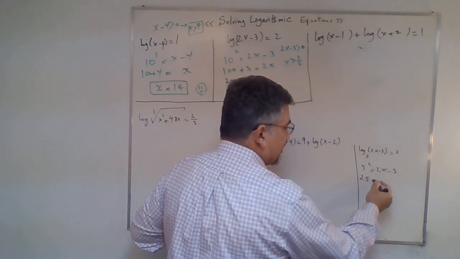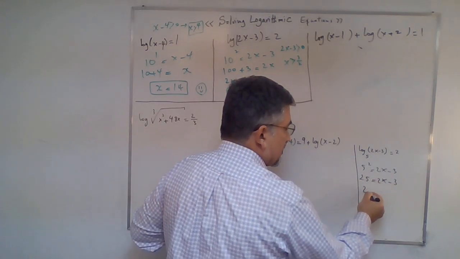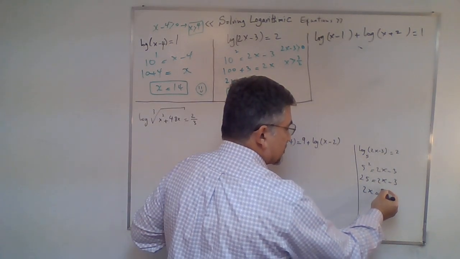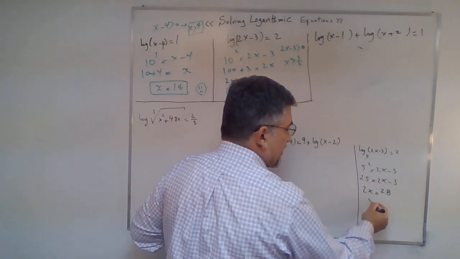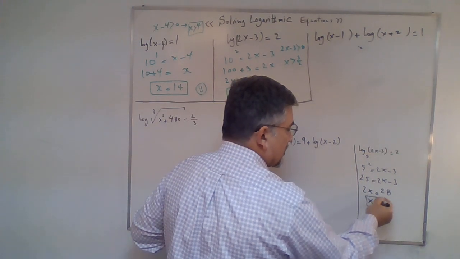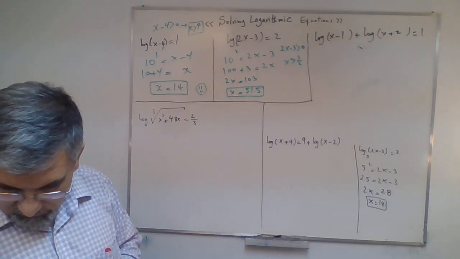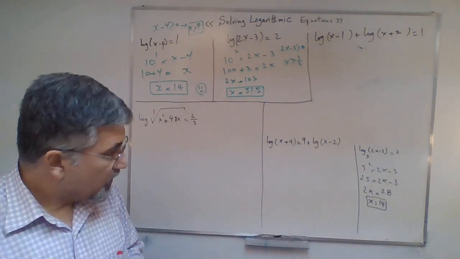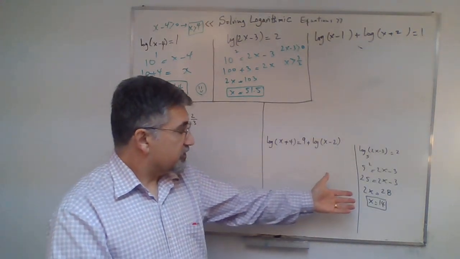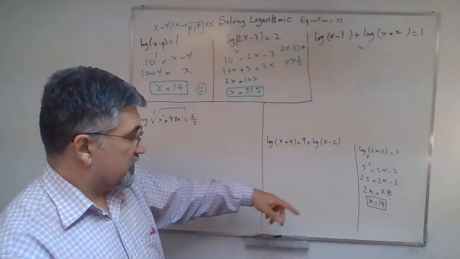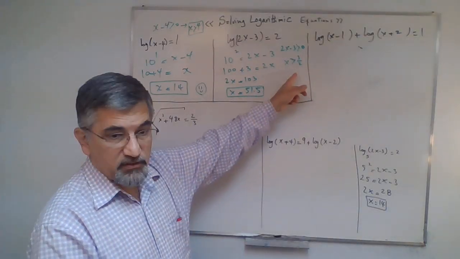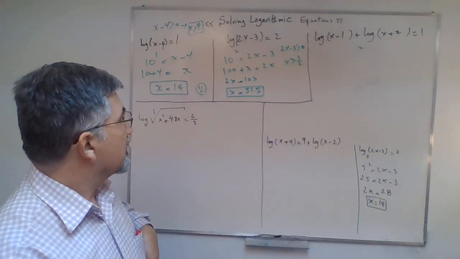So 25 equals 2x minus 3. 2x would be actually 28. And from there, x equals 14 would be the final answer for this exercise. And it would still be admissible because 14 is greater than 3 over 2, which is 1.5.